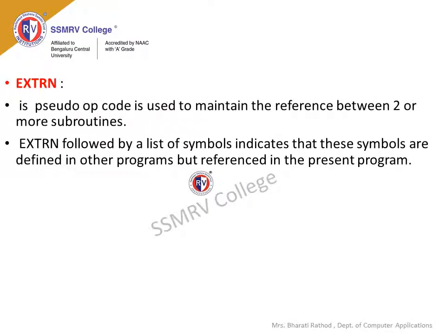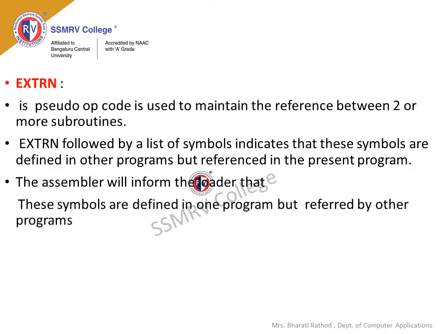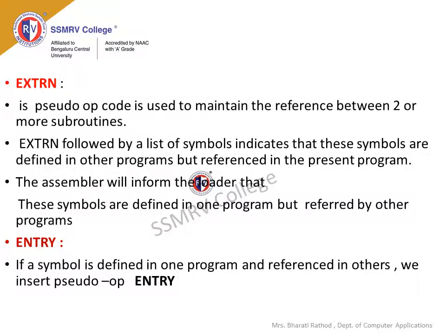The assembler pseudo-op code external, followed by a list of symbols, indicates that these symbols are defined in other programs but referenced in the present program. The assembler will inform the loader that these symbols are defined in one program but referred to by other programs. Entry: correspondingly, if a symbol is defined in one program and referenced in another, we insert a pseudo-op called entry.